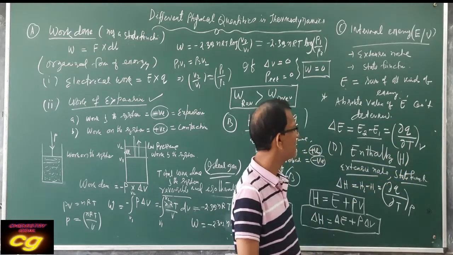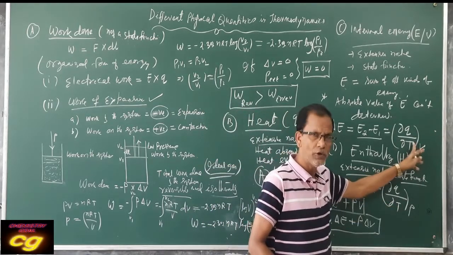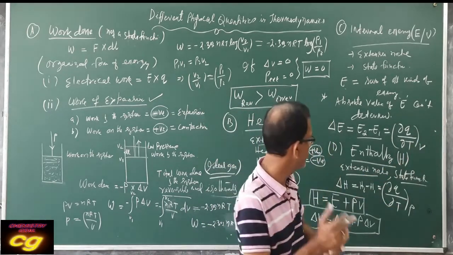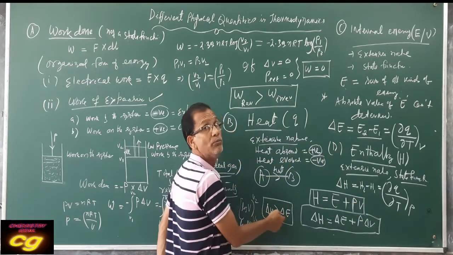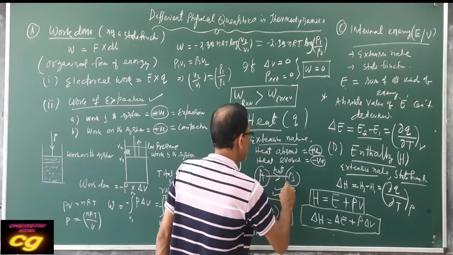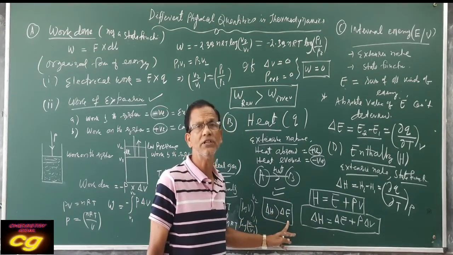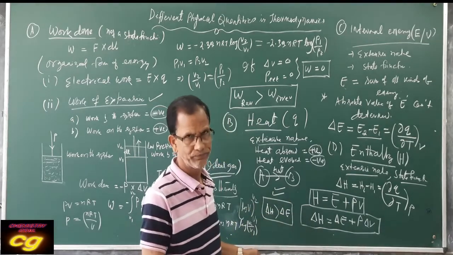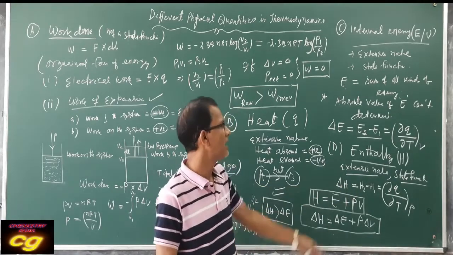If the system absorbs heat at constant pressure and constant volume, the amount of heat absorbed at constant pressure is more than at constant volume. So this is very important, the relation between enthalpy change and internal energy change.